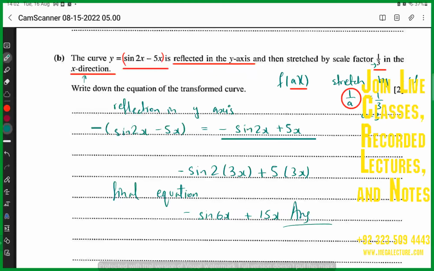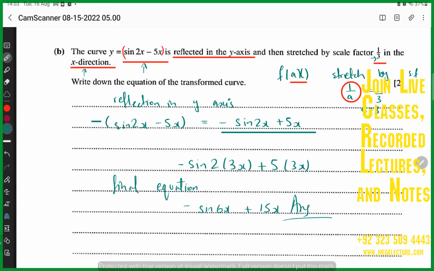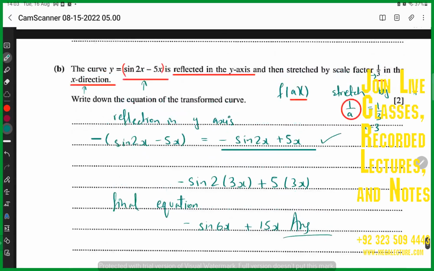If it was in the x-axis, we were multiplying a negative sign with x. If it was in the y-axis, we were multiplying the negative sign with whatever you had as y, right? So this is what we had as y. I've just multiplied a negative sign, and this is what I got. So far, I was just able to find the equation of the transformed curve that was only reflected in the y-axis, but we are not done yet.